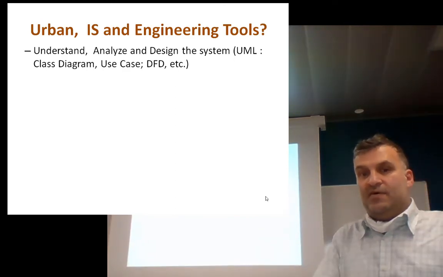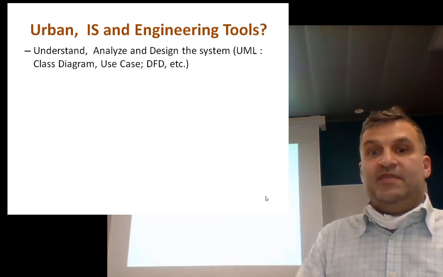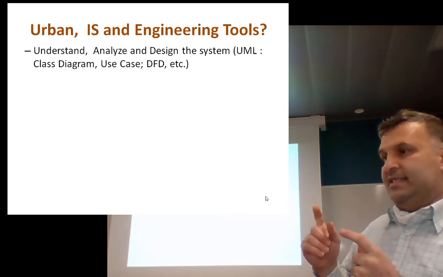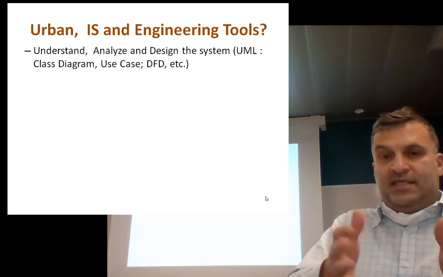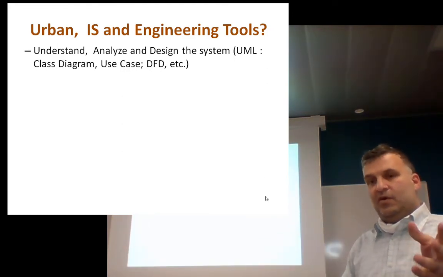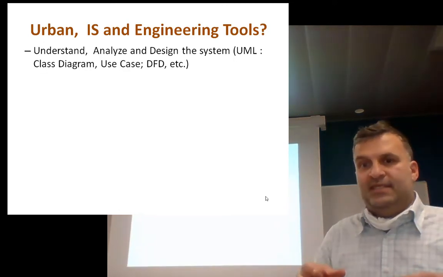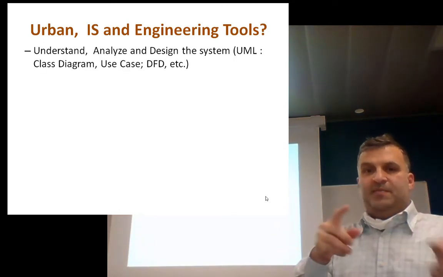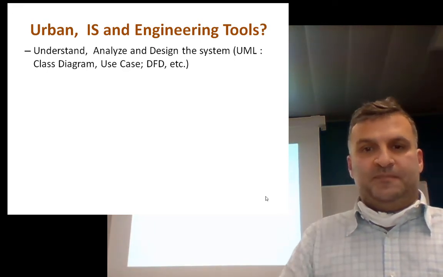And we can see from another type of diagram, like an activity diagram, for example, how a specific task is executed. In a class diagram, which is related also to UML, we can see the components of the system and the relationships between these components.